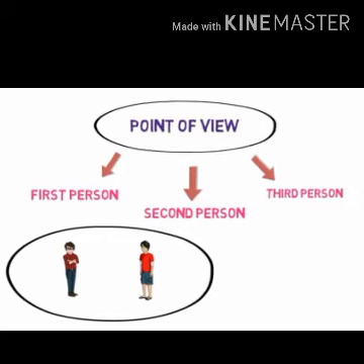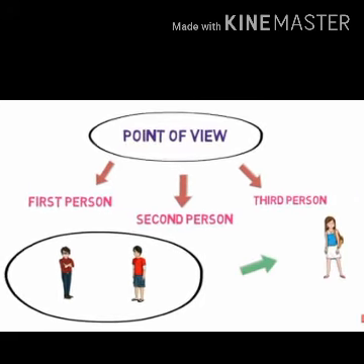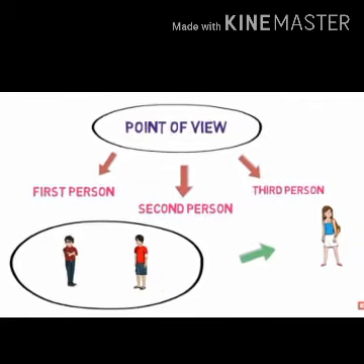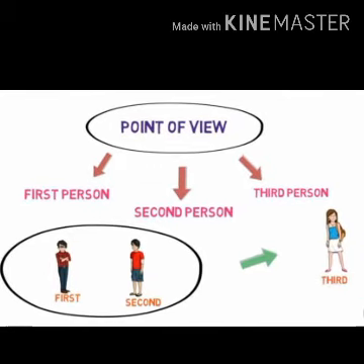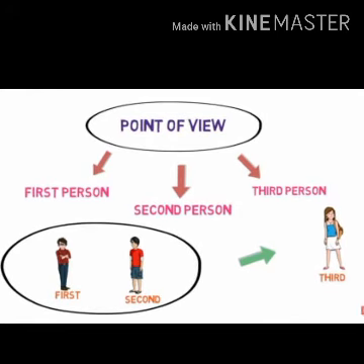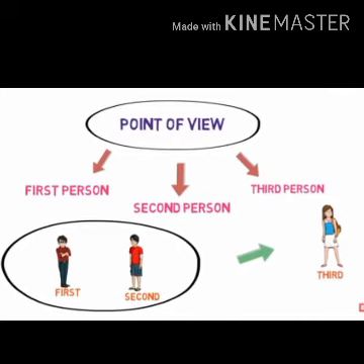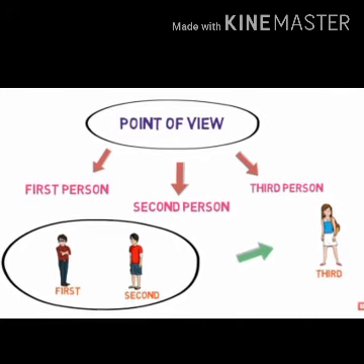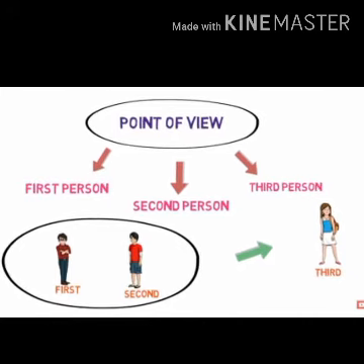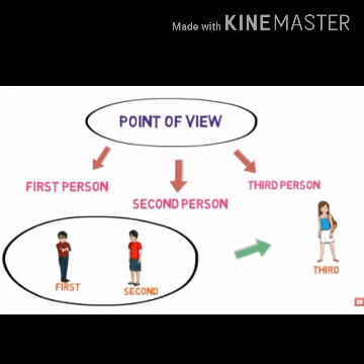If Shiv is telling Surya something about Tanya, who is not in the room, then in this case, Shiv is the first person, as he is the person who is speaking, and Surya is the second person, as he is the person who is listening to Shiv, and Tanya is the third person, as she is not present in the room but is present in the discussion.